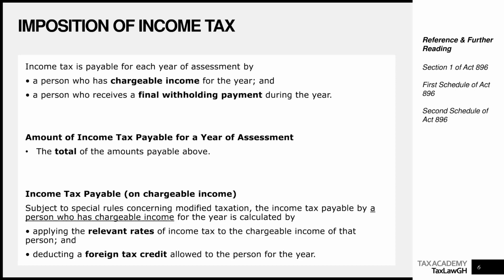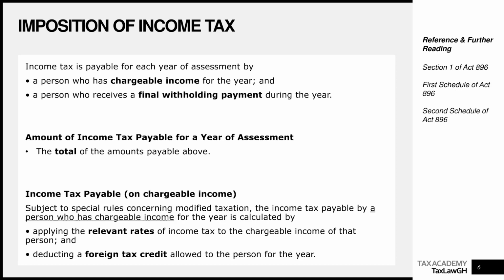It means once you're a resident, any income you earn, no matter where it is earned across the world, may be taxable in Ghana. What this means is you may have been doing some business in China. The Chinese tax authority withheld tax or taxed you on that income. You brought that income to Ghana, and the Ghana Revenue Authority wanted to tax you again. Under the concept of a foreign tax credit, you may be allowed to get a credit for the tax you paid, because GRA will tax you anyways on the amount you brought into Ghana because of the worldwide concept.